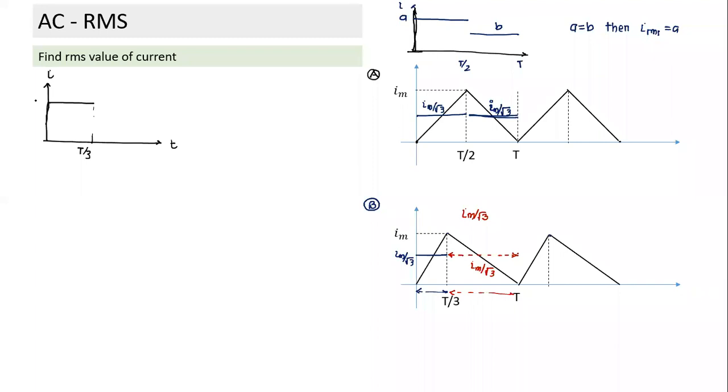This current is equal to I, and from here onwards it is I naught by 2. Anvita, can you calculate what will be IRMS from 0 to t for this shape?